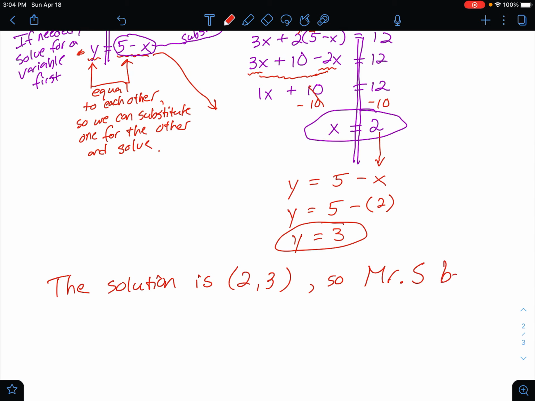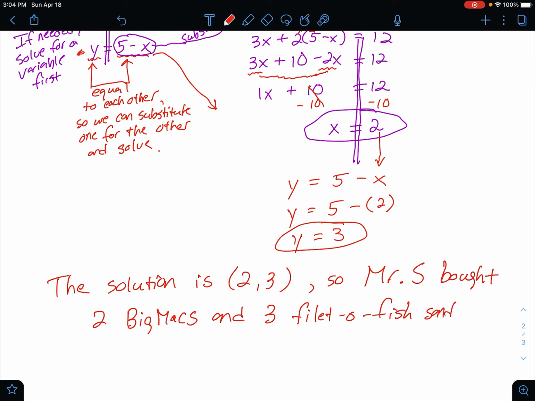So Mr. S bought 2 Big Macs, because the Big Macs were the x value, and 3 filet o fish sandwiches, because filet of fish sandwiches was the y value, for a total of 5 items, and a $12 cost or something like that. It added up to $12 and it was a total of 5 items.